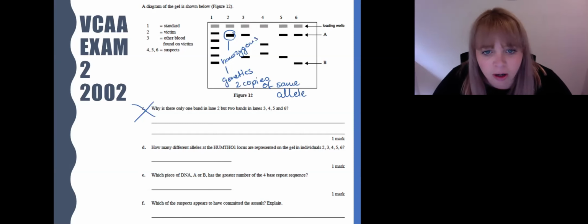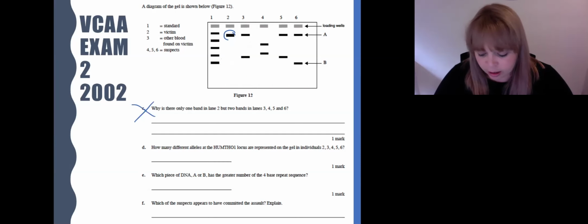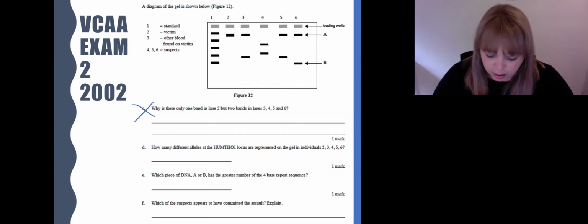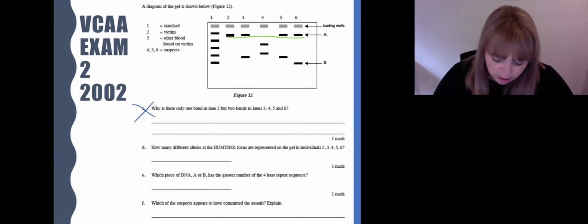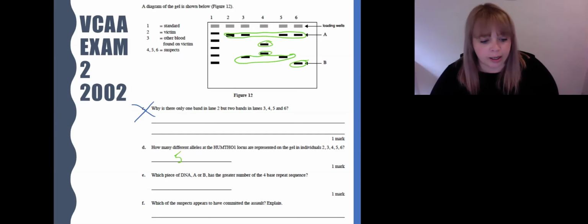So essentially I want to know how many different positions can there possibly be for this particular gene. So let's have a look. We can see that there's 1 here, 2, 3, 4, 5. So there should be 5 alleles because there are 5 different possible spots for that to end up.